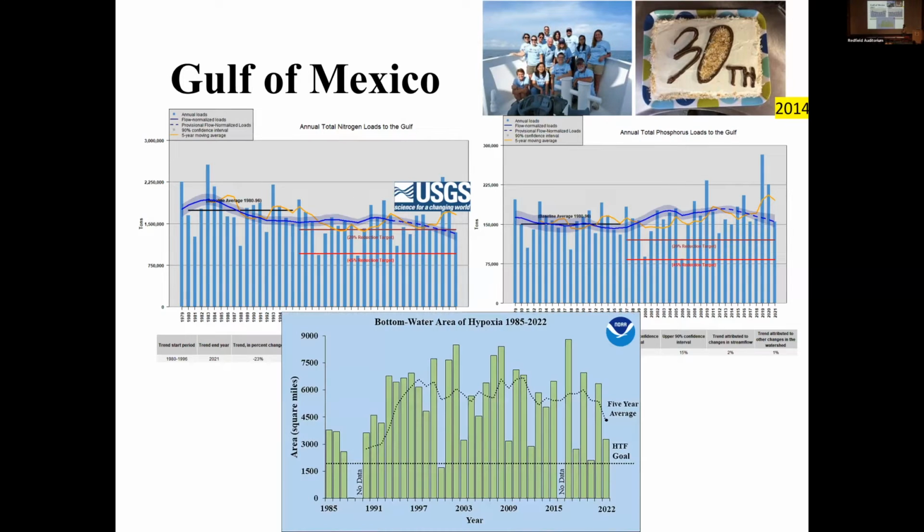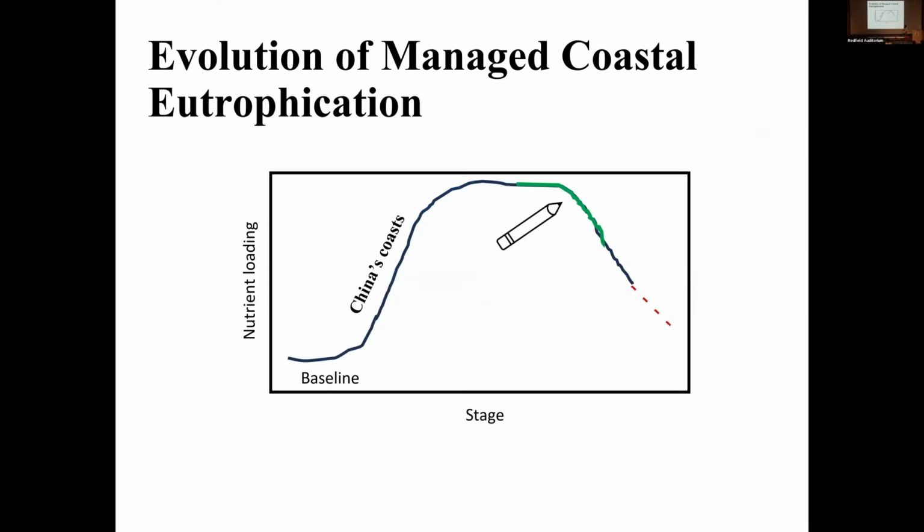As a result, the hypoxic zone in the Gulf of Mexico didn't change at all. And the hypoxic zone area is still way higher than the Hypoxia Task Force goal, which was 5,000 square kilometers. I have to say, it took 35 years of nothing for the Gulf of Mexico to make any significant change, okay?